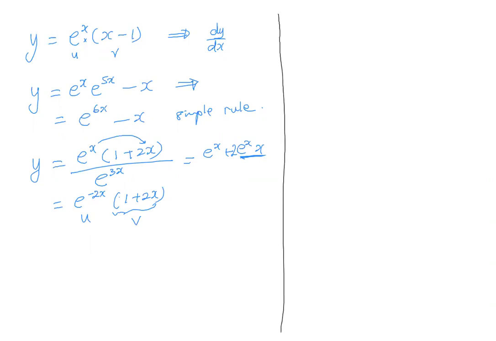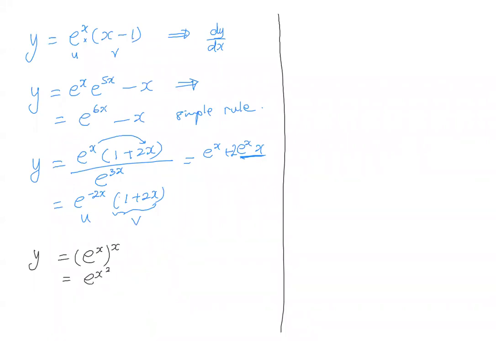If I give you this, what rule to use? Simple rule, because this can be written as e to the power of x squared.